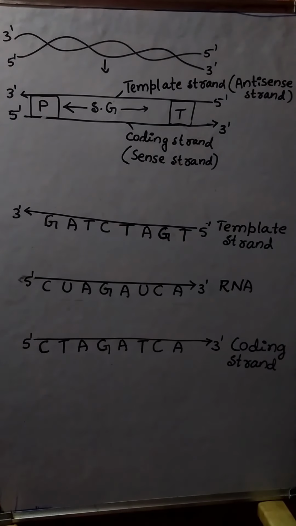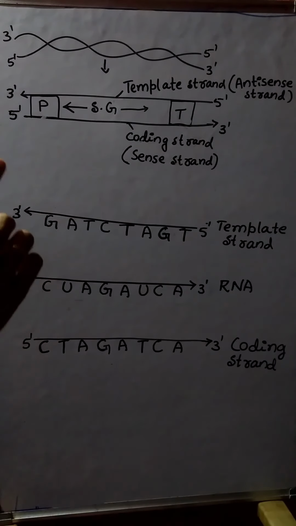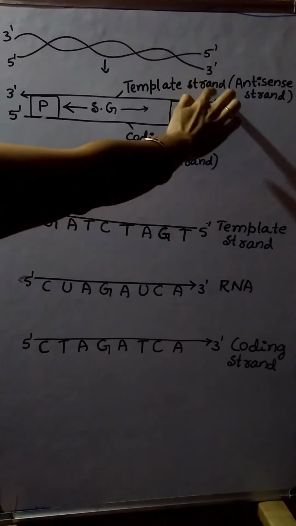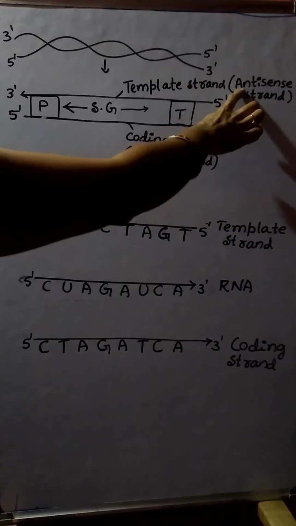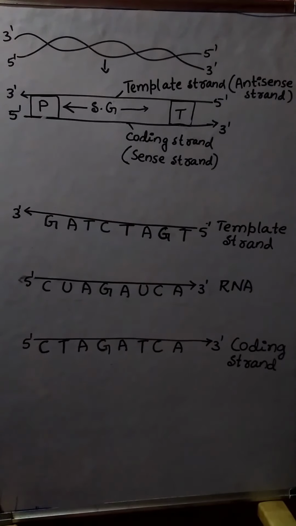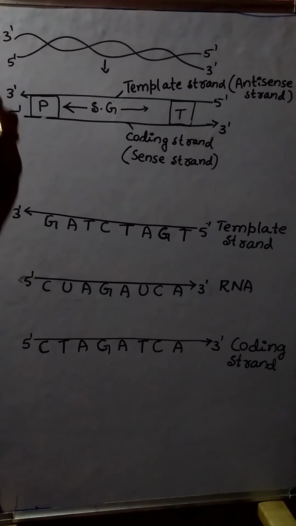Of these two, the polynucleotide strand having the polarity of 3' to 5' is called the template strand, or antisense strand, because during transcription the DNA dependent RNA polymerase enzyme catalyzes the polymerization reaction and adds the specific ribonucleotides in order to form the RNA.